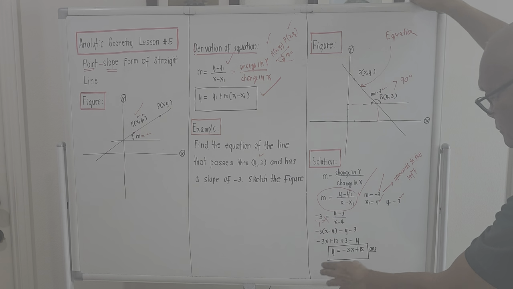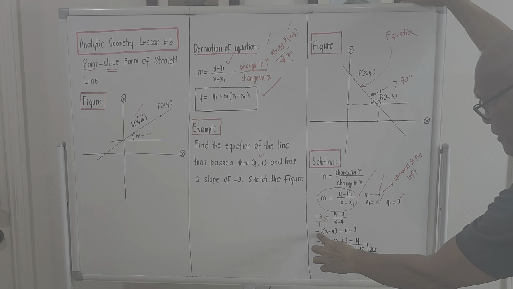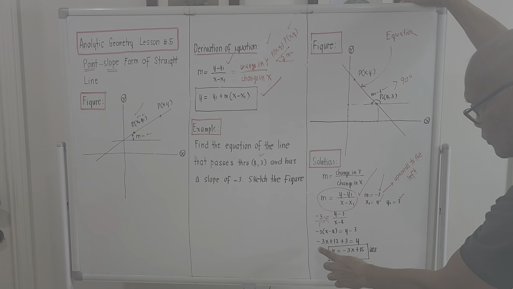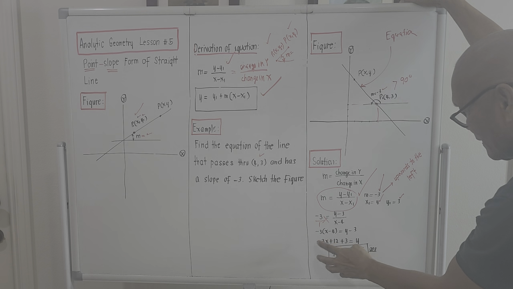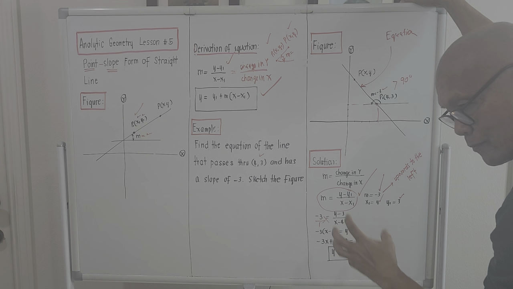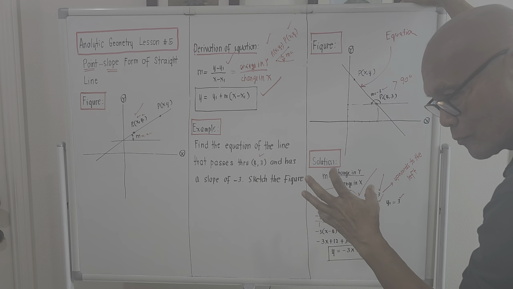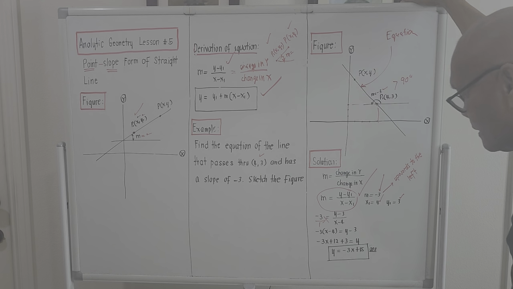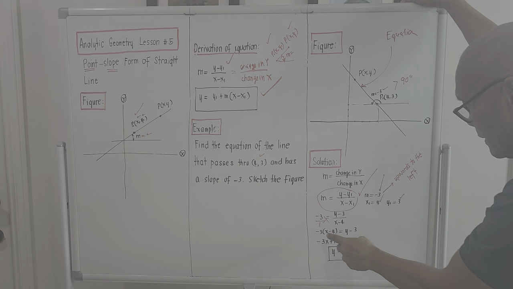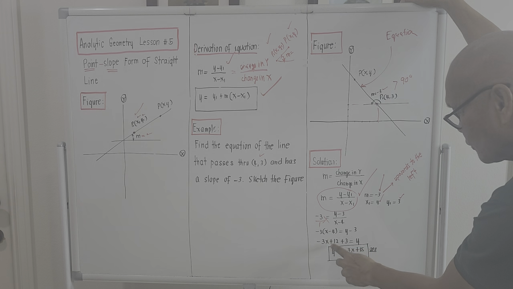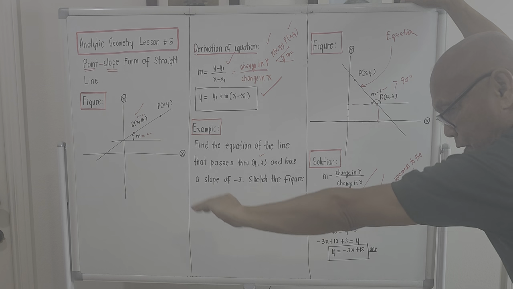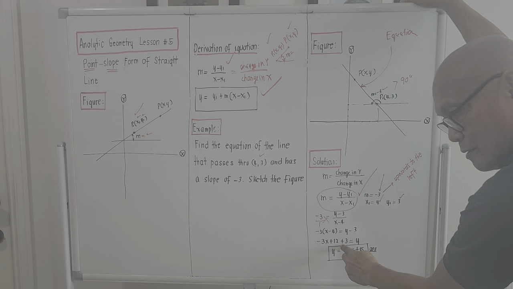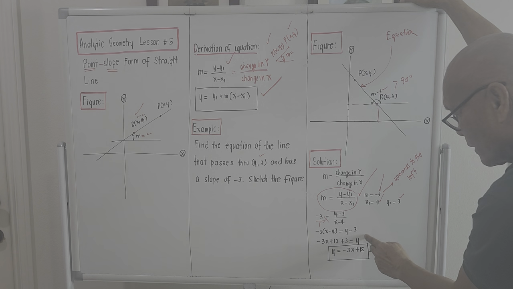Expanding the left, minus 3 times x will be negative 3x. Minus 4 will be, this is a minus and a minus. We are multiplying two numbers which are both negative, so it will become plus. And the magnitude will be 3 times 4 is 12, and this will now be plus. This is minus 3, we put it on the left, so this will become plus 3, and this should be equal to y.